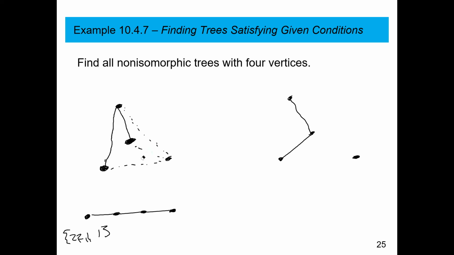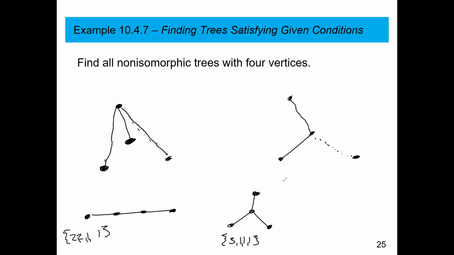So let's get rid of those options. Now let's look at our third option. If it comes out of this one, I essentially now have a central vertex where everything's coming off of it. And that would have the degree sequence 3, 1, 1, 1. Then when I'm looking at the other scenario, if I come here, well, 3 options again.